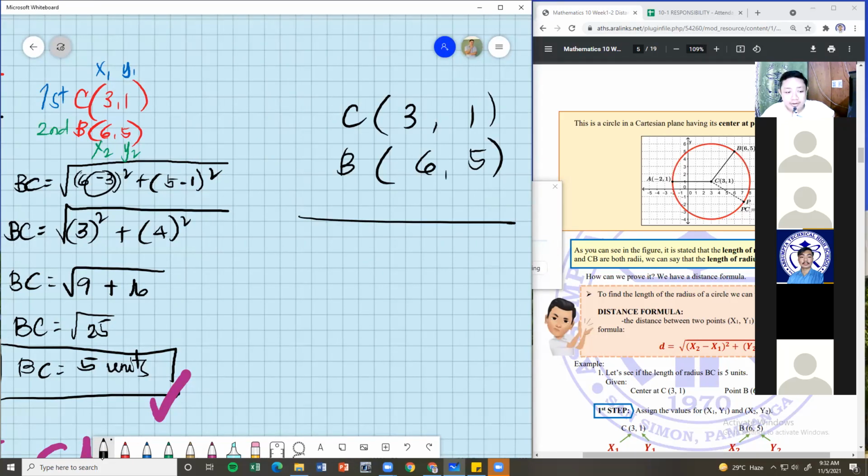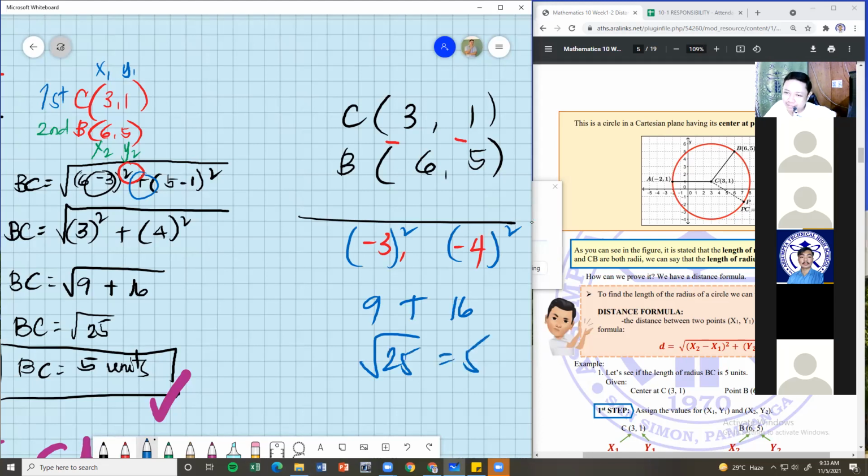So, minus, minus, minus. 3 minus 6, that's negative 3. And then 1 minus 5, that's negative 4. Can you follow? And then next is squared. Ito ay magiging 9, and then ito magiging 16. Can you follow? And then plus. 9 plus 16, that's 25. The square root is 5.